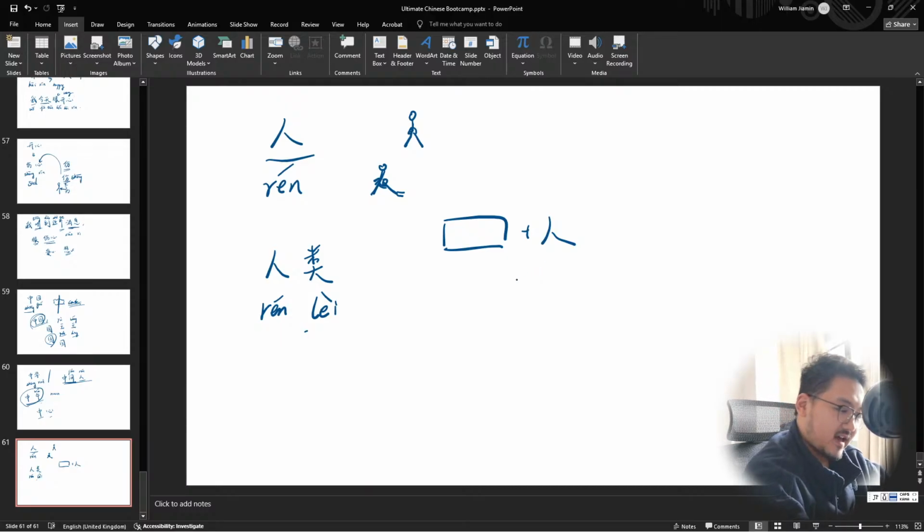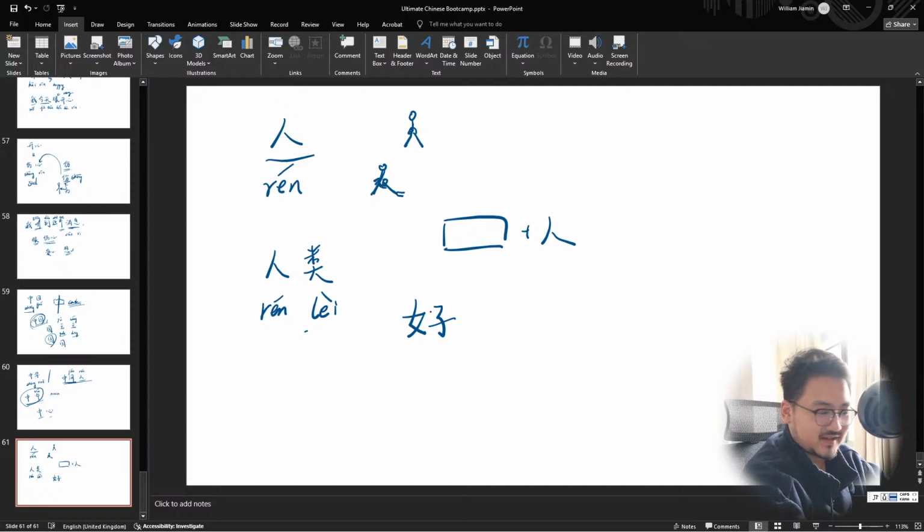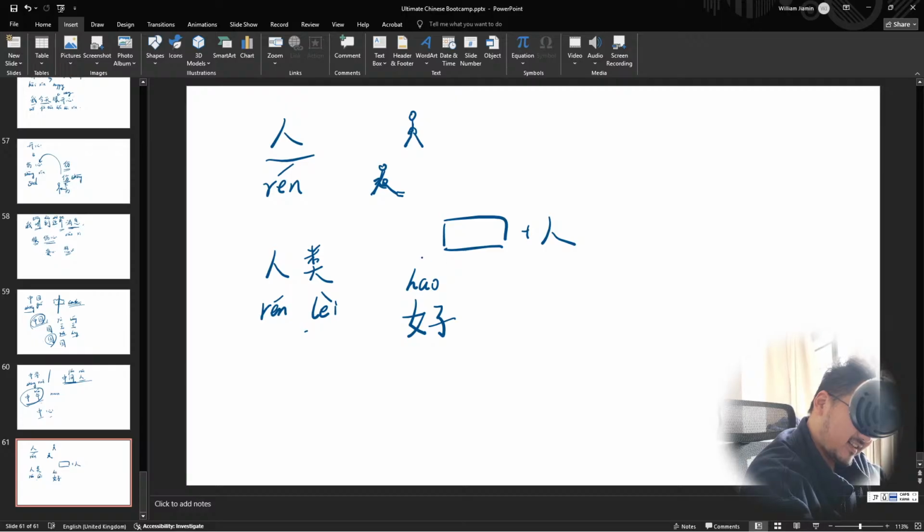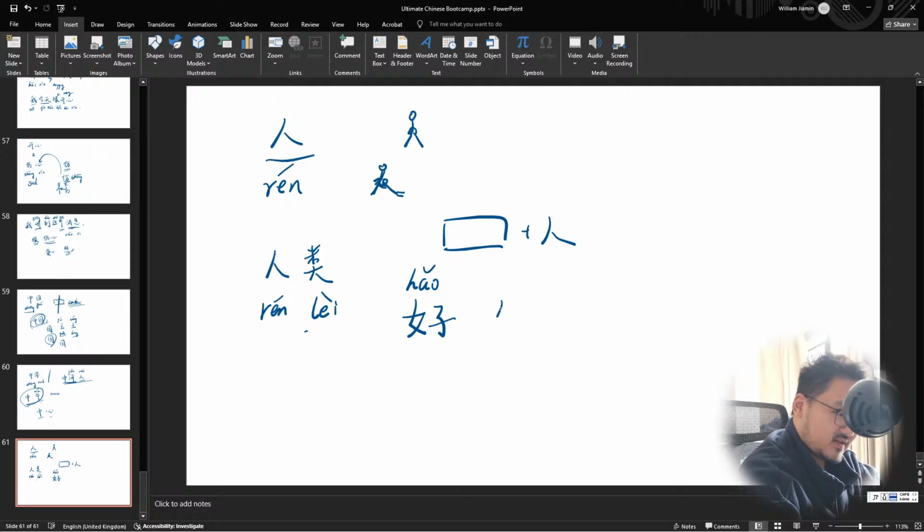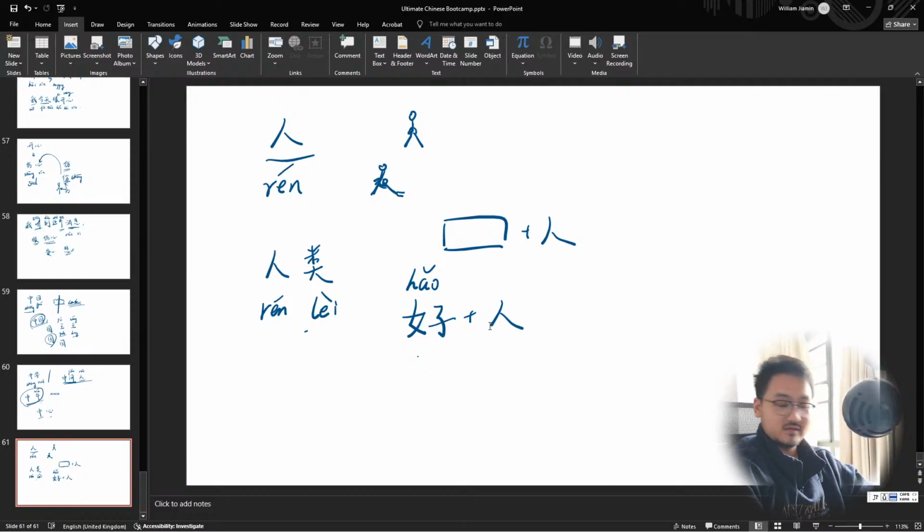You can also say someone is a good person or bad person. 好, this 女 means the female, and this is the son, like when you have a daughter and a son. That means good. Then 好人 literally means good person.